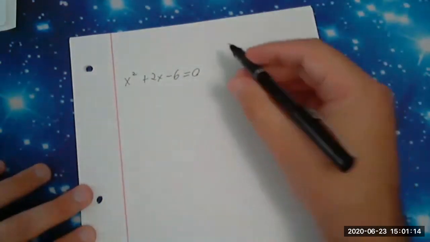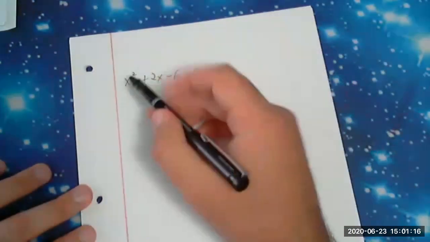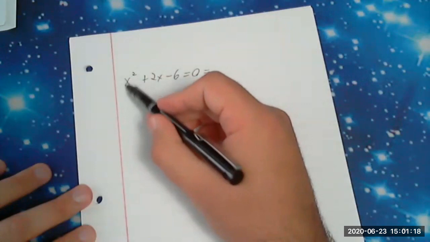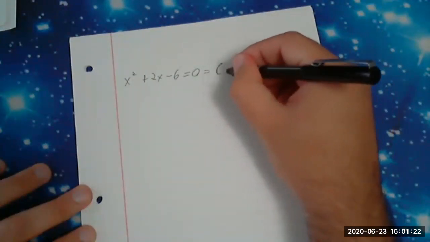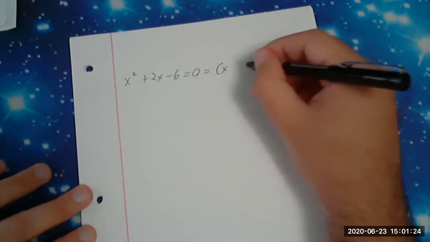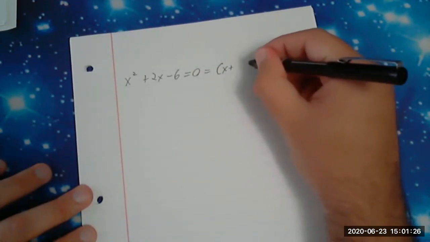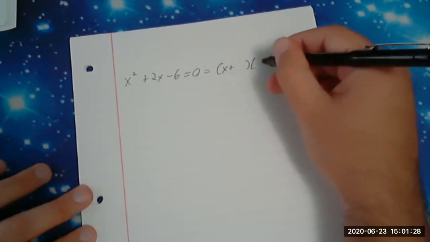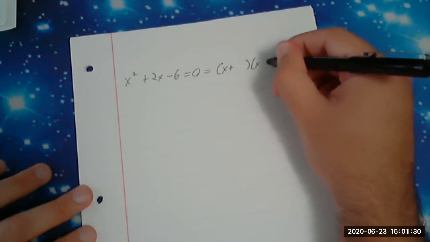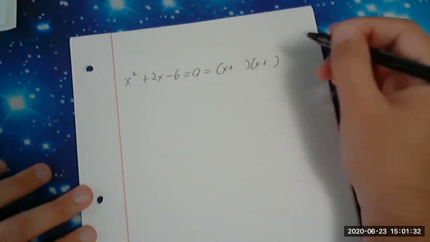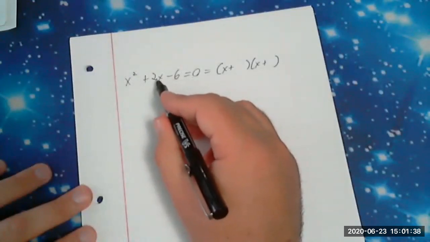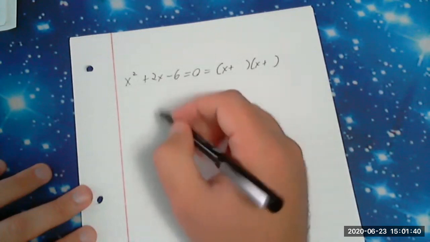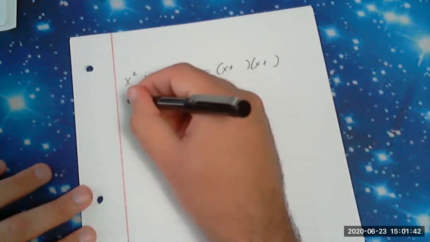So right out the gate, we see that a is 1. So that generally means that we're going to have a and little b be 1. So this could be x plus something times x plus something else. And now we need two numbers that add together to give you 2 and multiply together to give you -6.